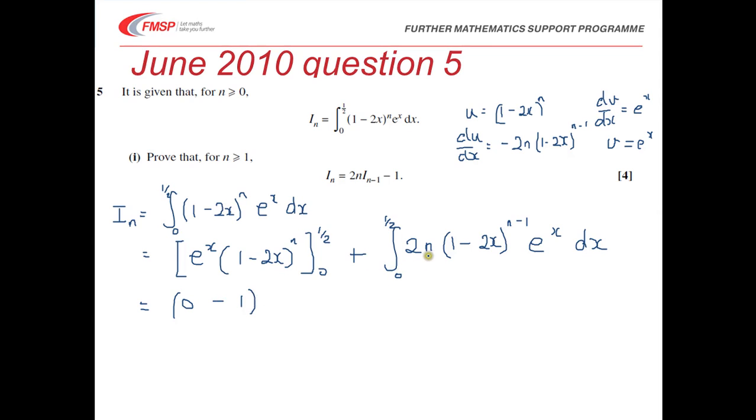Now, if we actually do this, I'll take the 2n out, because that's just a constant, and what we're left with is the integral of (1 minus 2x) to the power of n minus 1, times e to the x, again between 0 and a half.